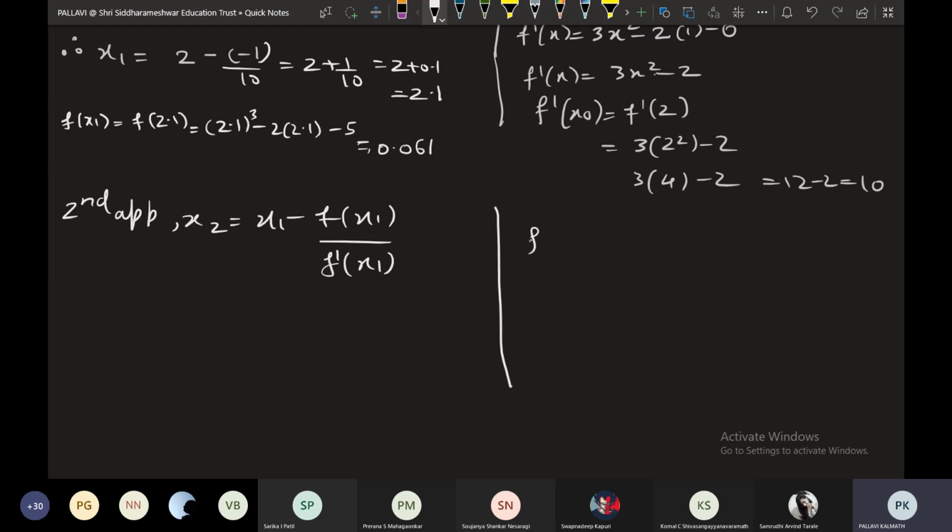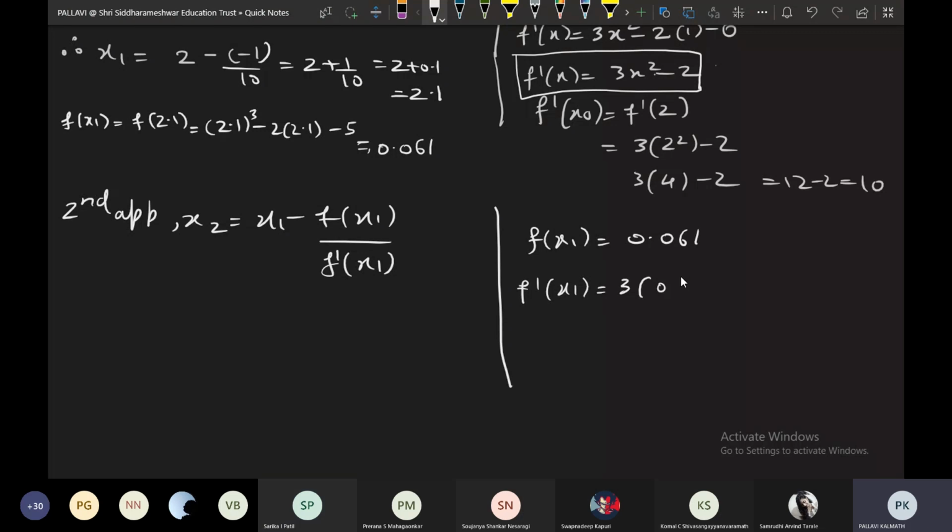Then again, f of x1 is 0.061. Then what will be f dash of x1? For f dash of x1, what is f dash of x? Remember, this equation will not change once you find the derivative. In this equation, you are going to substitute the value. So 3 into what x1?